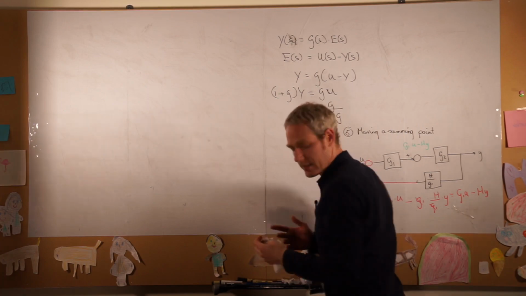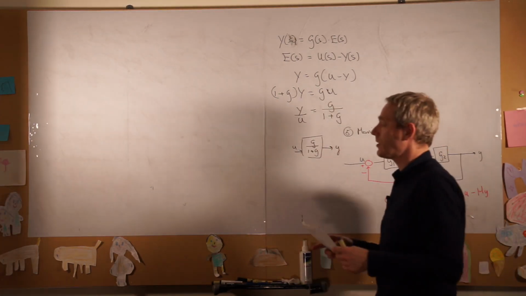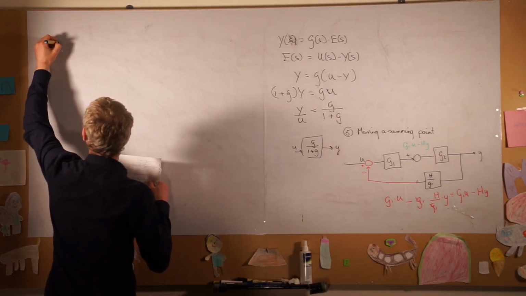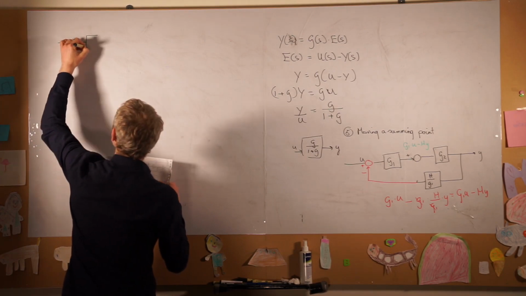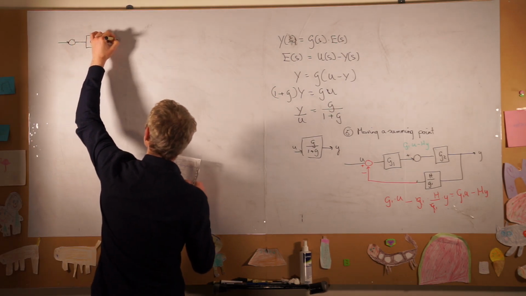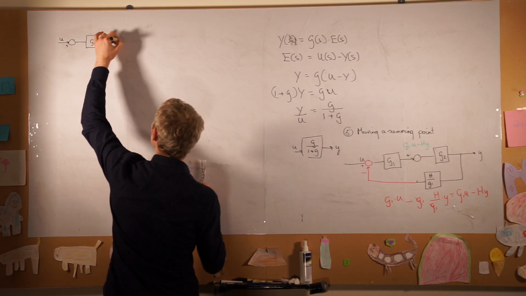And so there'll be an example, but there will also be a challenge for you at the end to do it slightly differently. So let's say I have an input, a summing point, I have G1 here, another summing point, so these will be pluses.